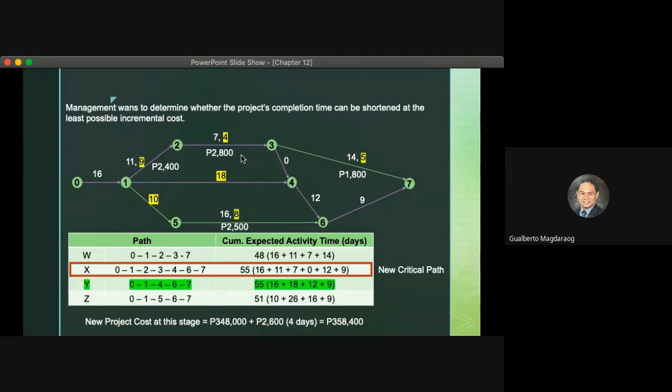So therefore, any crushing that we do in path X will not change the project's number of days from 55.